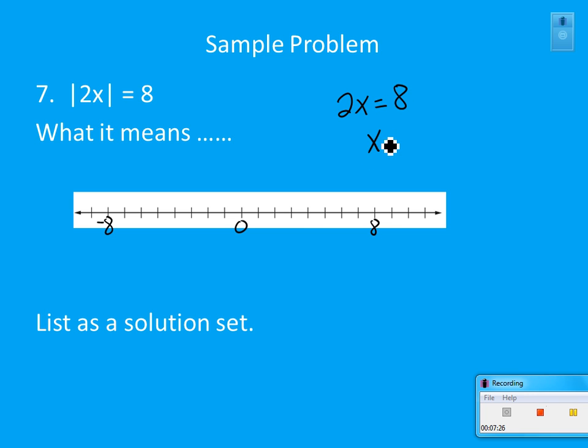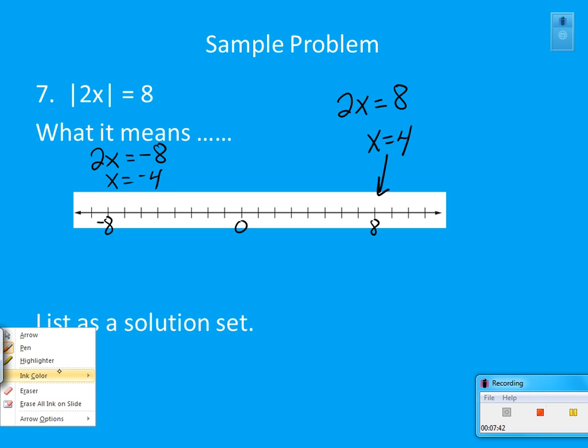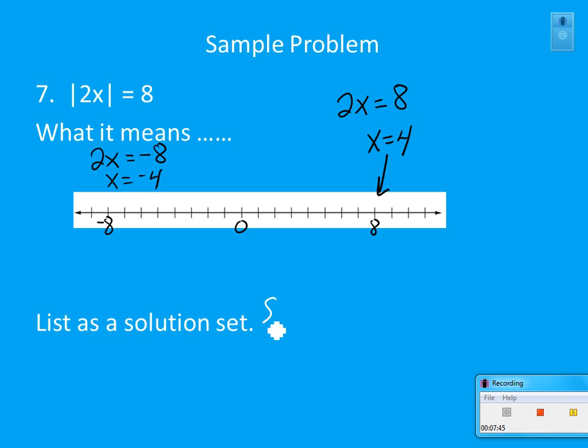The number is going to be 4. Now, 2 times some number is going to put me 8 units to the left. So 2 times what number is negative 8? That number is going to be negative 4. Well, here's my 2 answers then. As a solution set, my answers are negative 4 and 4.